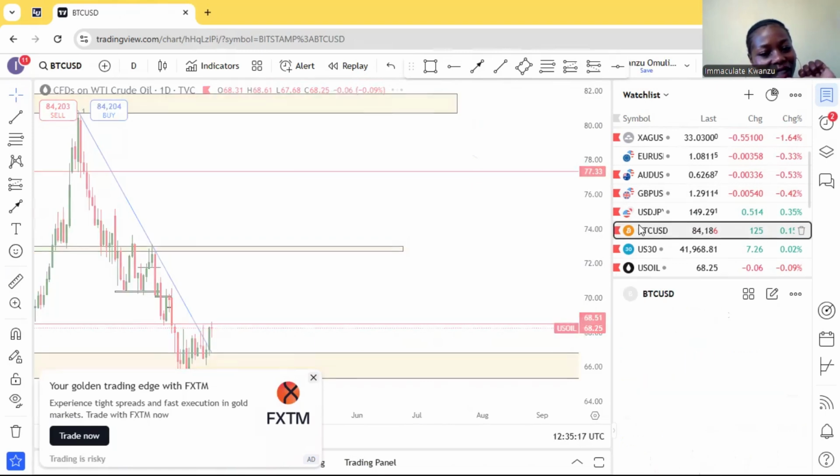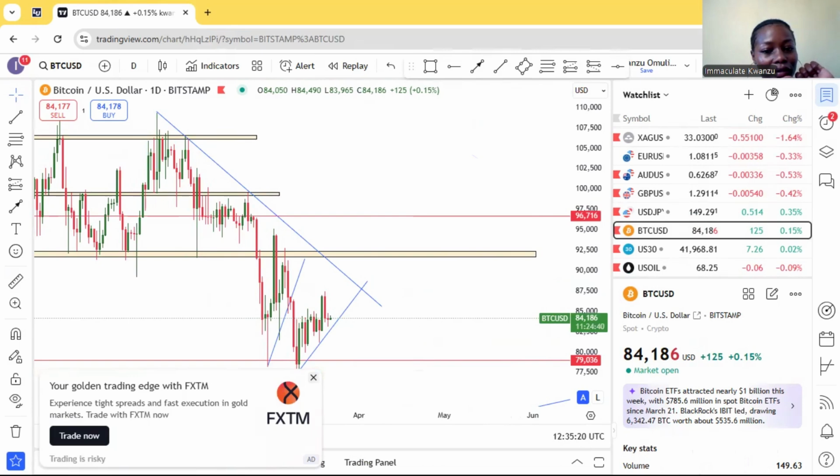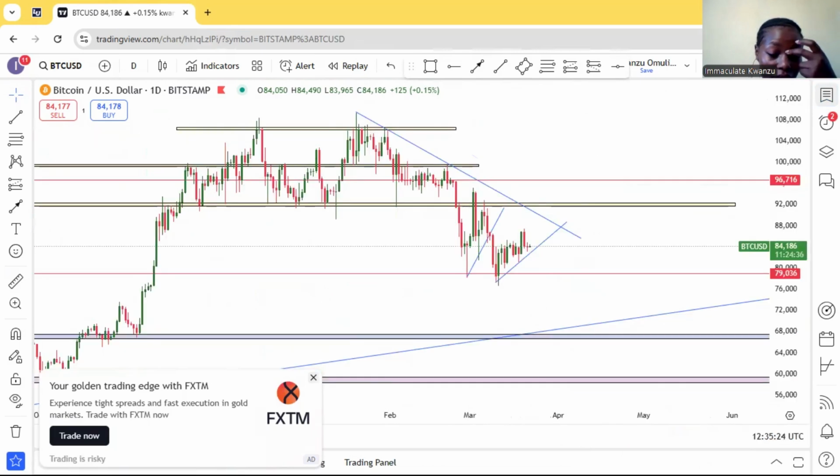And now we have BTC. I don't have much to say on BTC at the moment.